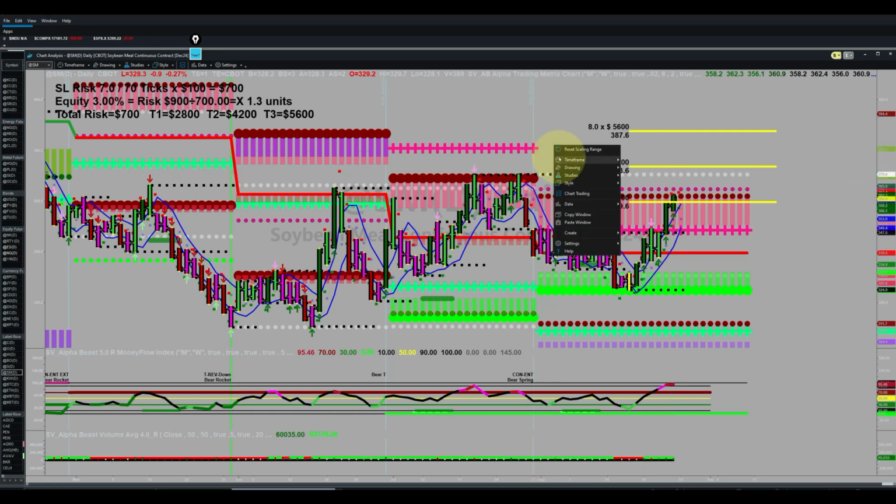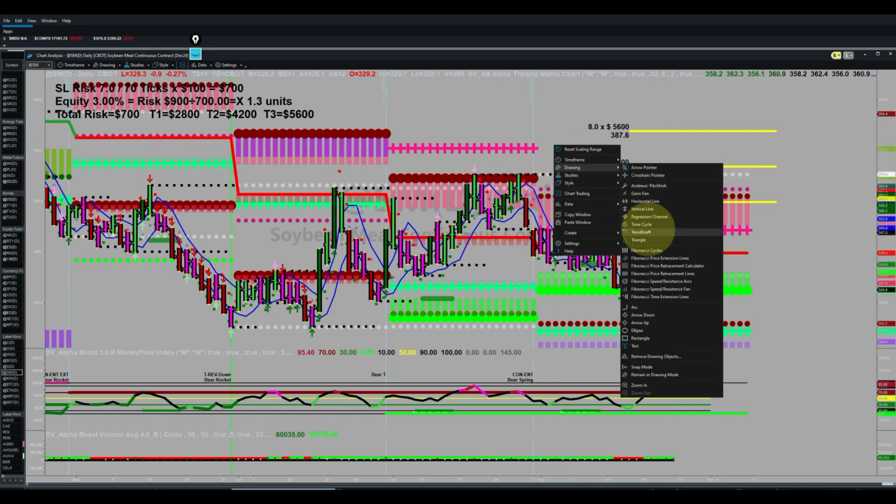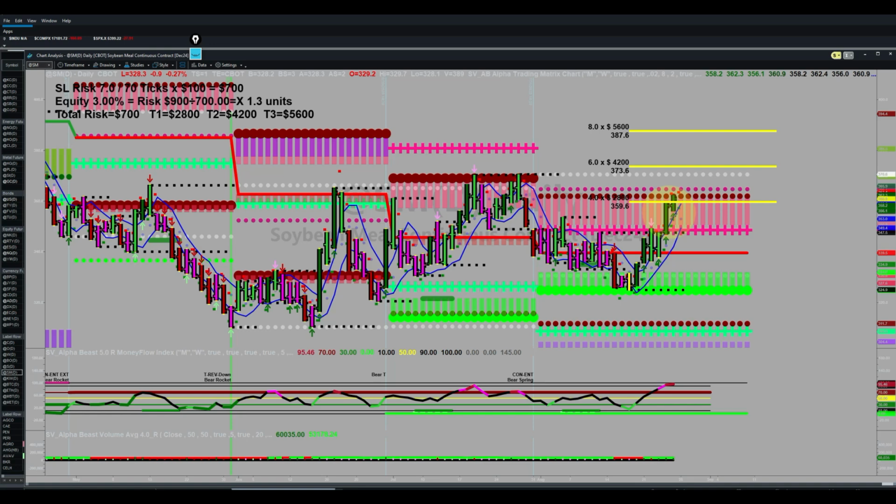So basically, with the draw tool, trend line, the stop loss goes here, and the blue line will be the stop loss. If the price comes down and touches this and the next bar, we will be out. But hopefully we can hit the 6.0.